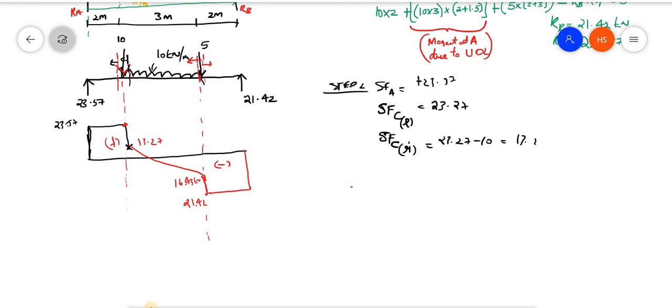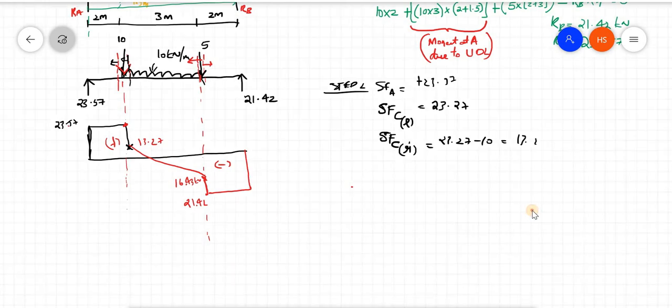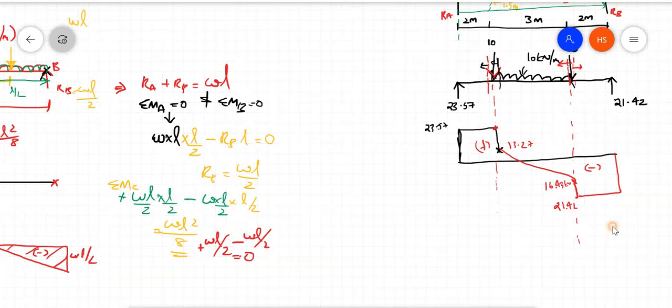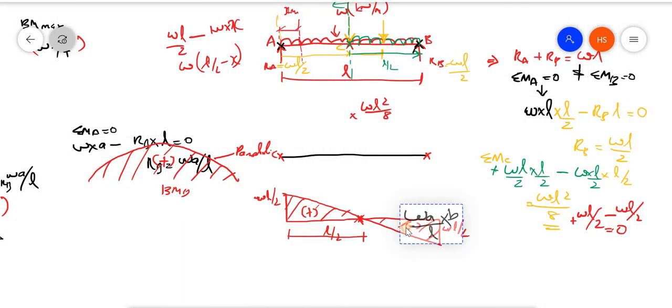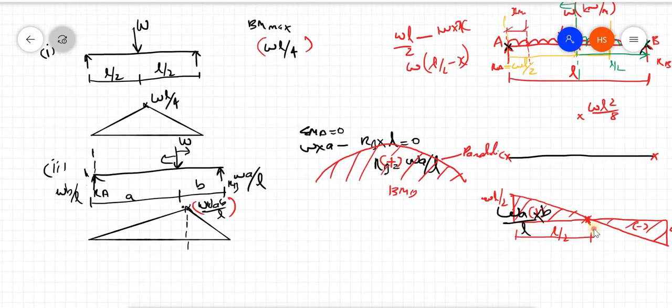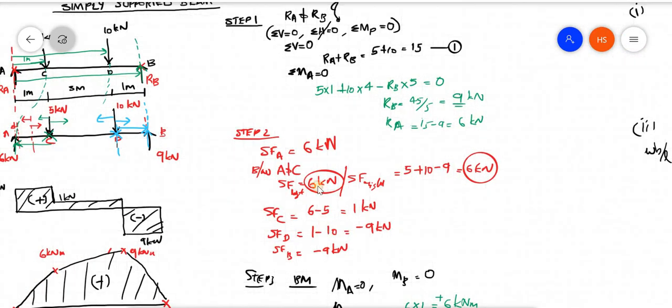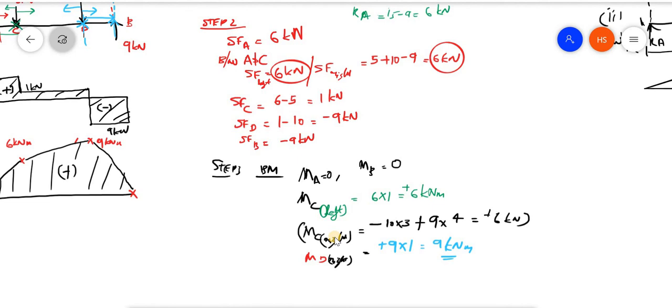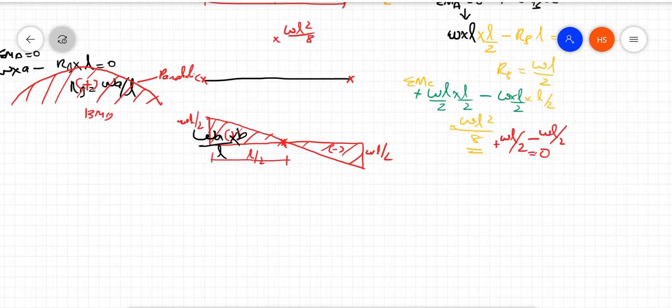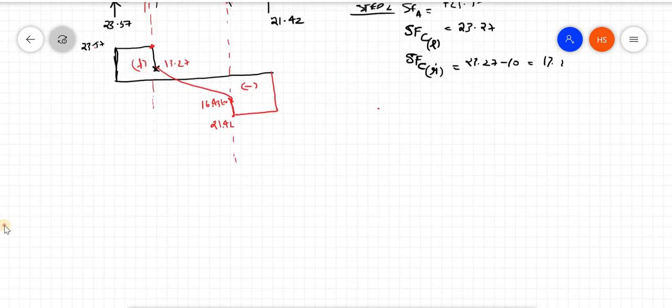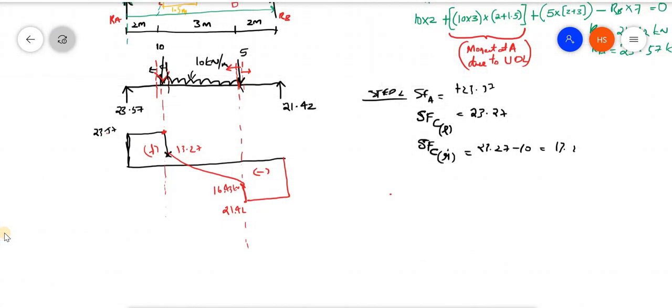This right and left is different from what we said earlier. Here, right means right of the section, that is, the section is considered to the right of this point, and this is the left.